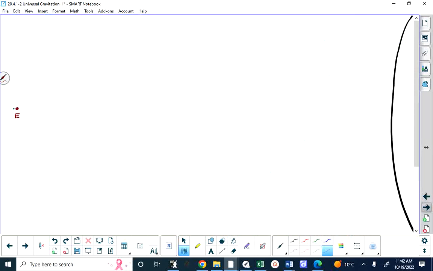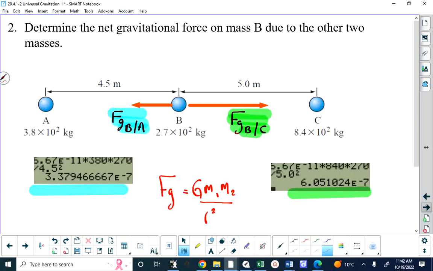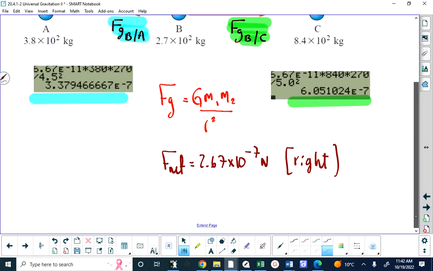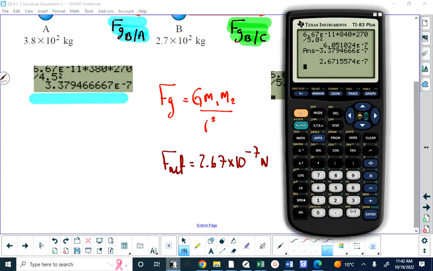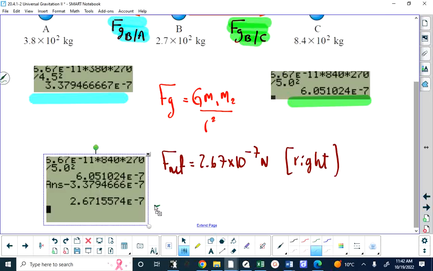In example 2, the two forces acting on the object of interest, the center mass, were in opposite directions, and we've learned that when you add vectors that are in opposite directions, you subtract the numbers. And that's how we got that answer.